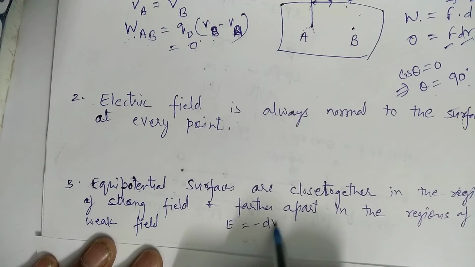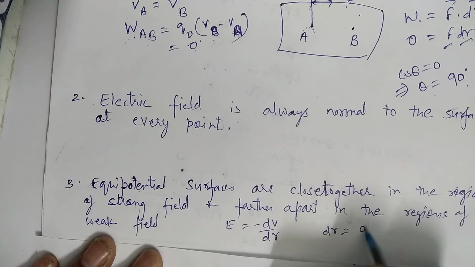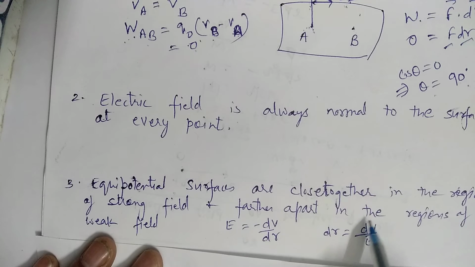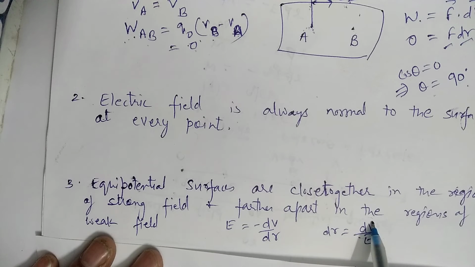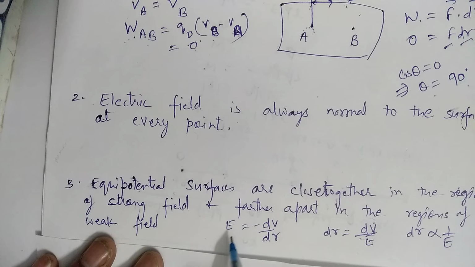We know that electric field E is equal to minus dV upon dr, so dr is equal to minus dV upon E. For the same change in electric potential, that is, when dV is constant between equipotential surfaces, dr is proportional to 1 upon E. It means if dr is small, then E is larger.